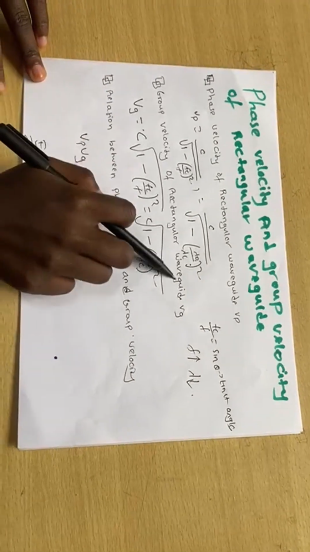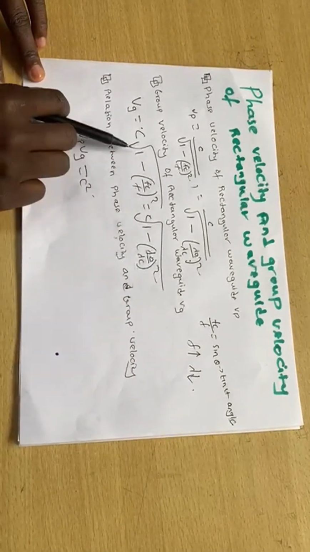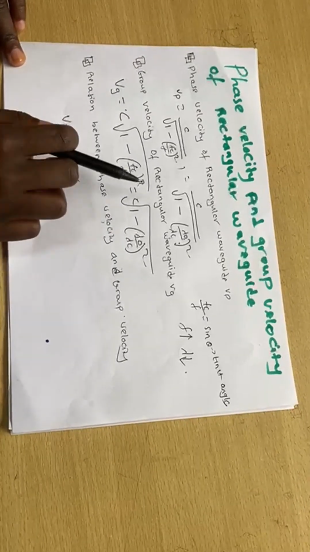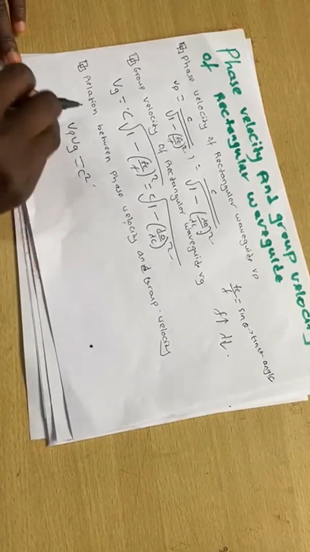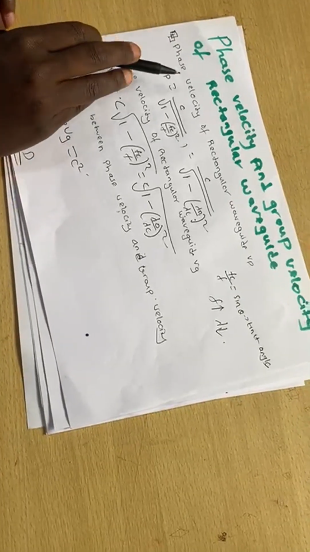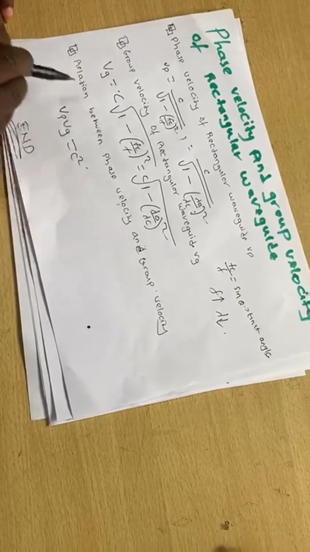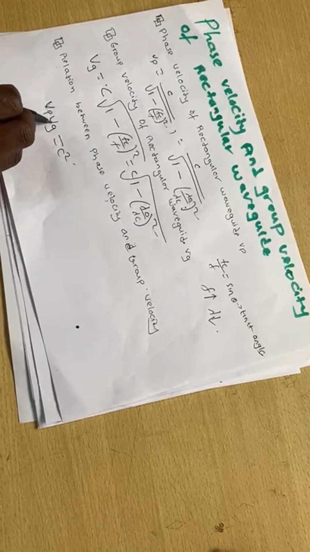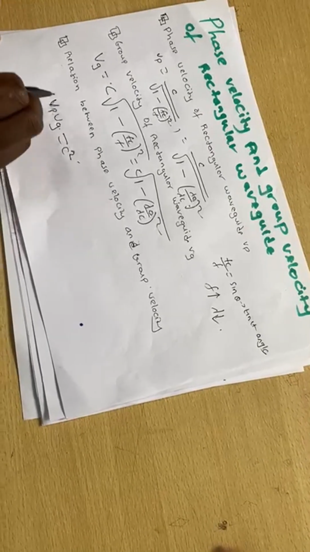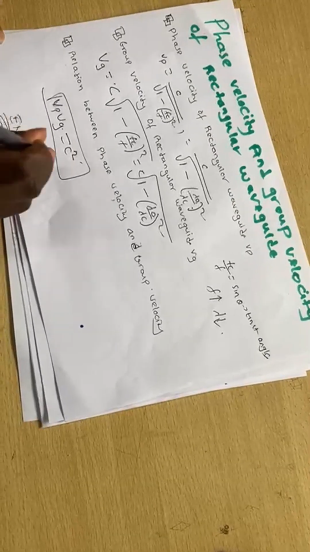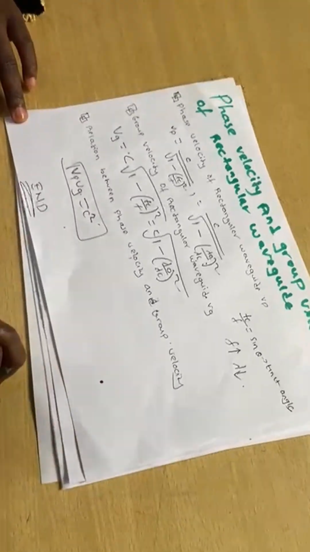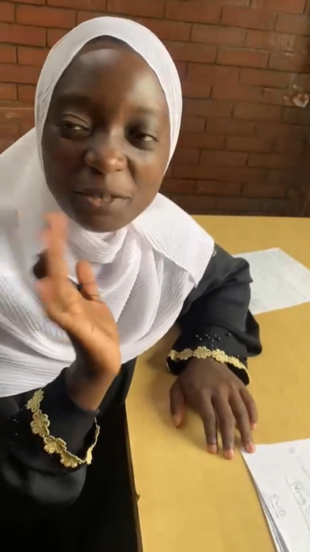After that, I gave the equation for group velocity, which is similar to this, with fc by f squared. Then we combined the relationship between the phase velocity and the group velocity, where we said phase velocity times the group velocity is equal to c squared. And thank you very much. This is the end of our lecture. Assalamu alaikum.